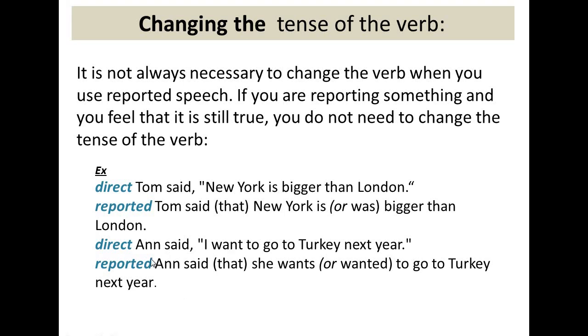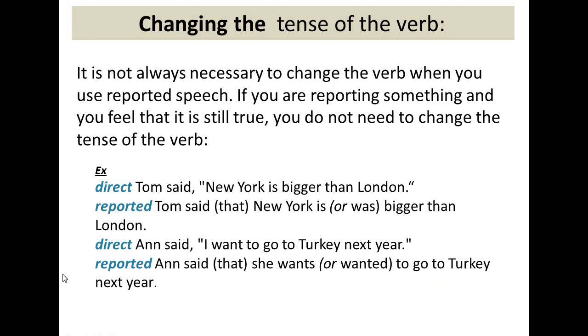Let's see another example. Anne said, "I want to go to Turkey next year." We can report it: Anne said that she wants to go to Turkey next year, or Anne said that she wanted to go to Turkey next year.